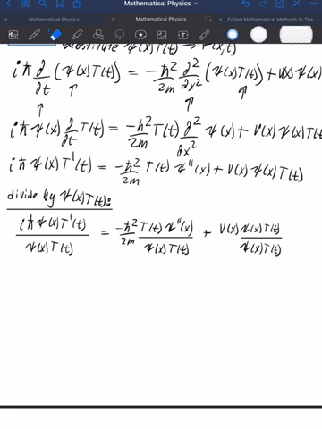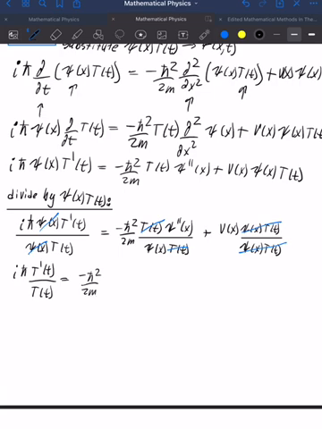Notice that various things cancel. For example, these cancel. In the first term on the right-hand side of the equation, the T of t's cancel. On the left-hand side of the equation, the psi of x's cancel. And so how this simplifies is that you get i h bar T prime of t over T of t is equal to minus h bar squared over 2m psi of x double prime over psi of x plus V of x.